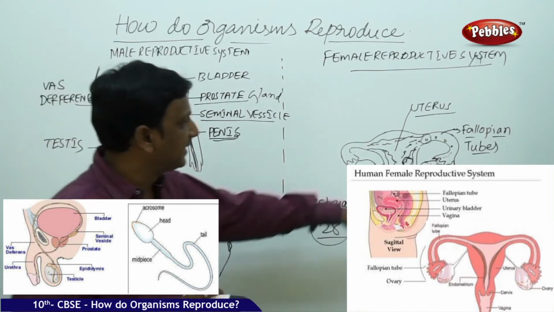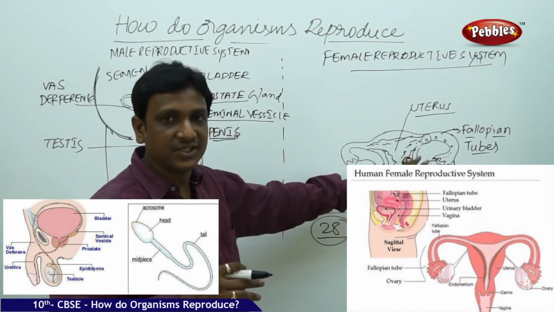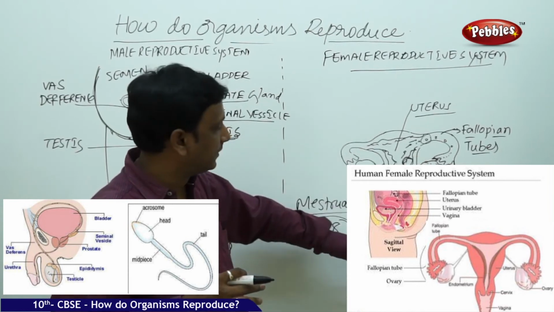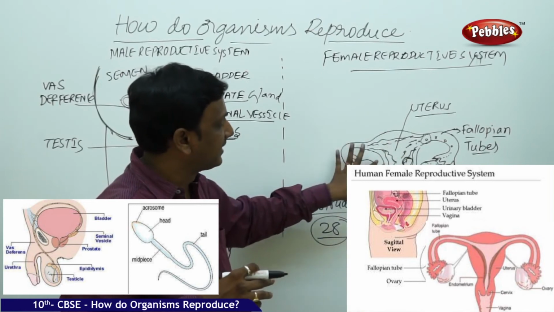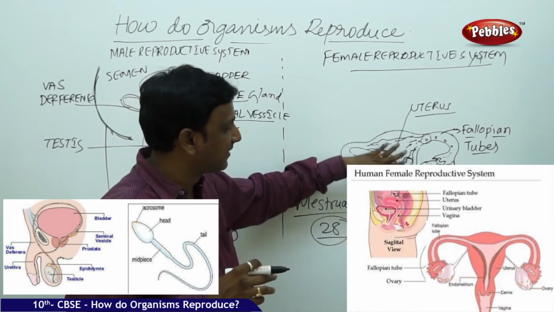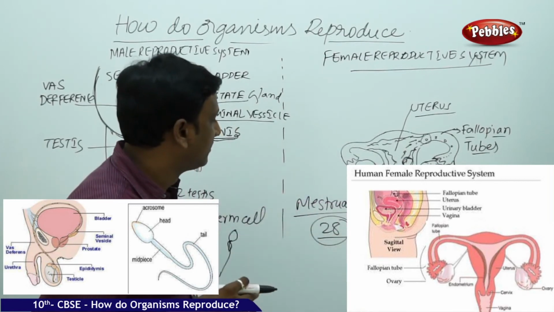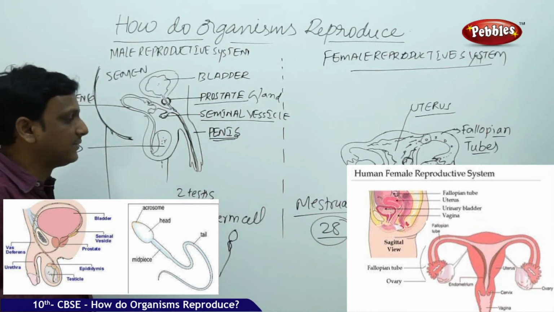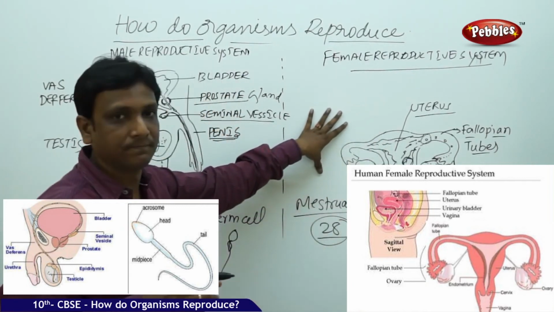If there is no fertilization, there are no sperm cells here for fertilization, then all the arrangements made for pregnancy, all this lining and everything, is flushed out. That is called menstruation, which happens in a cycle of 28 days. This is observed in the female reproductive system.